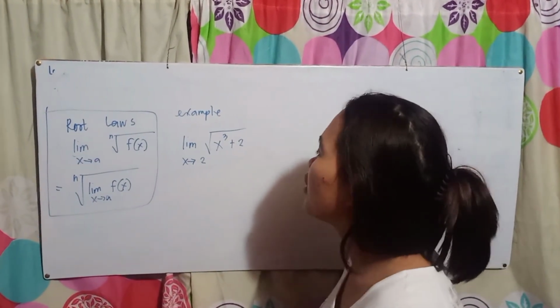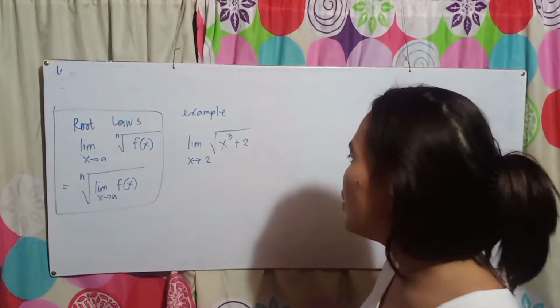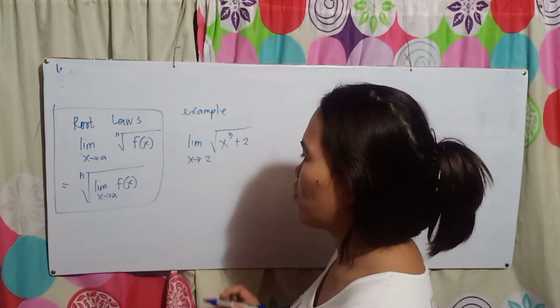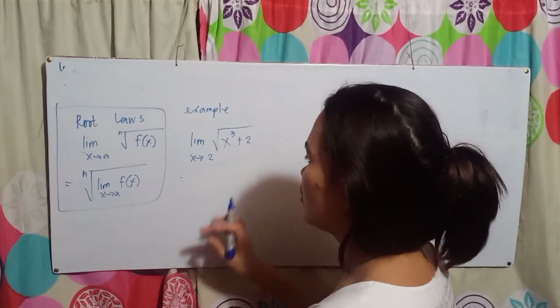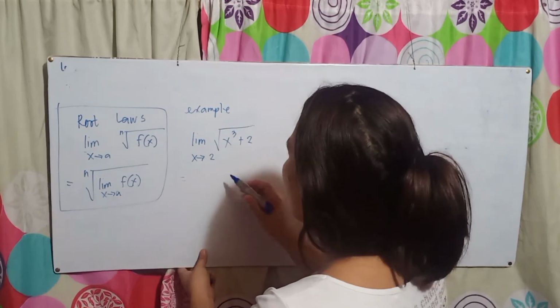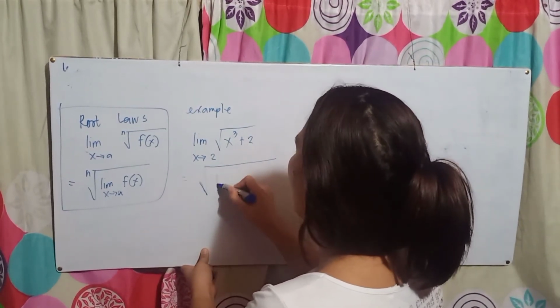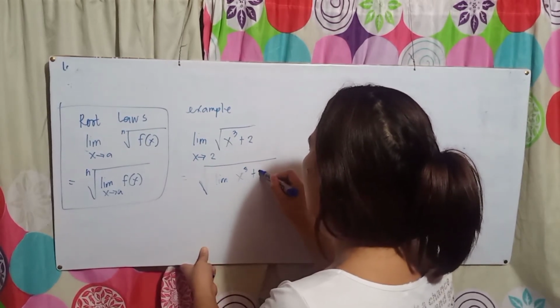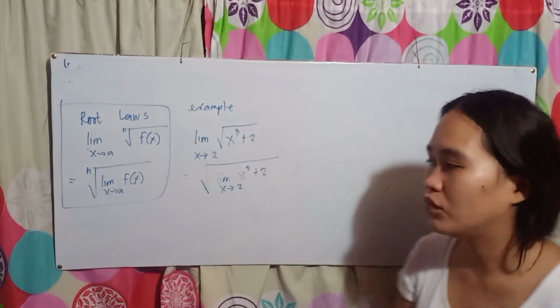So, example, the limit of the square root of x cubed plus 2 as x approaches to 2. So, to solve using the limit laws, so, yun, ito yung form. So, the square root of limit x cubed plus 2 as x approaches to 2.